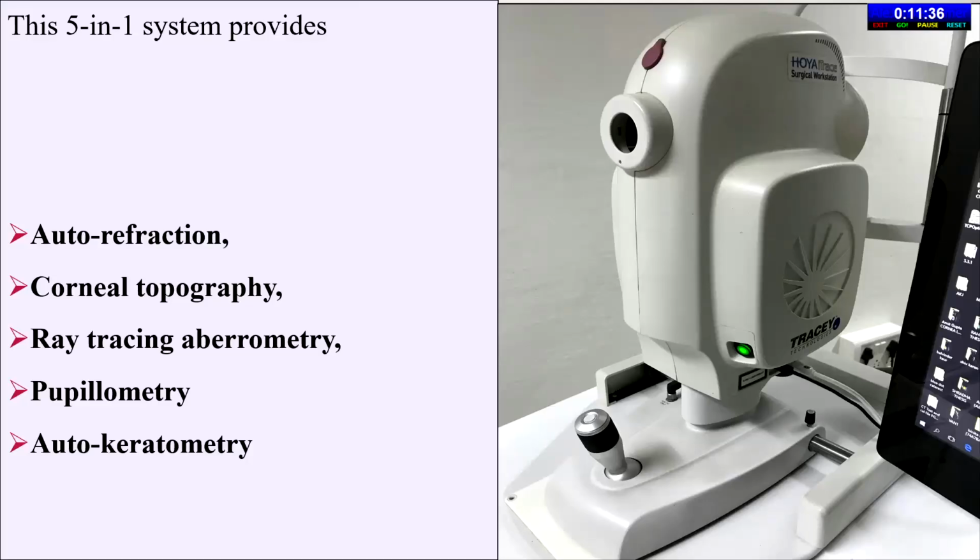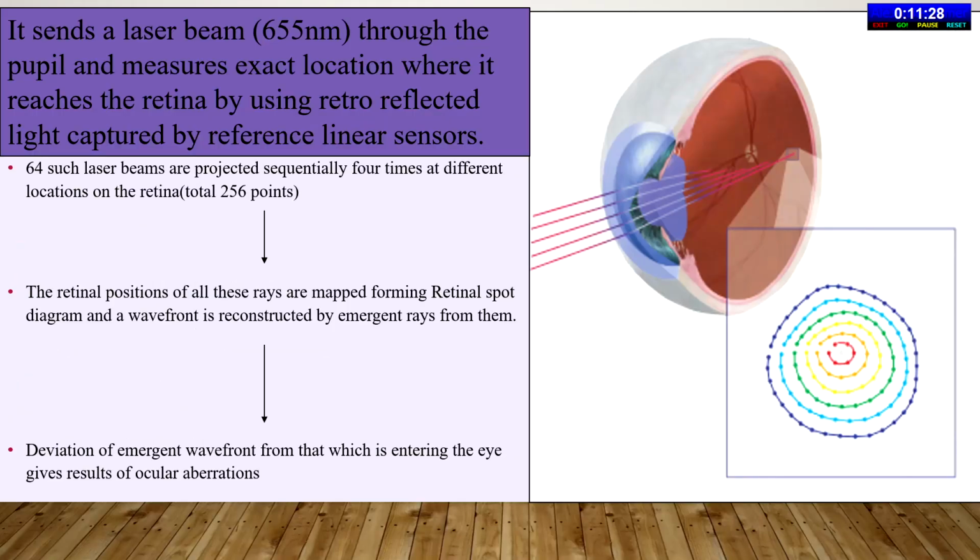It is actually a 5-in-1 system which provides auto-refraction, corneal topography, ray tracing aberrometry, pupillometry, as well as autokeratometry.